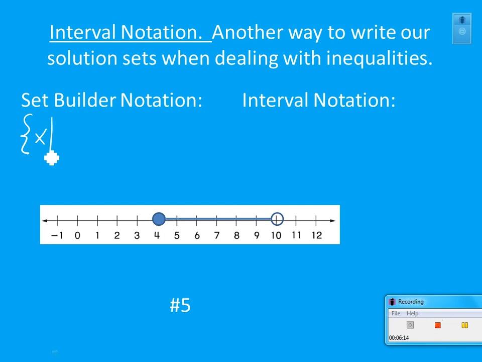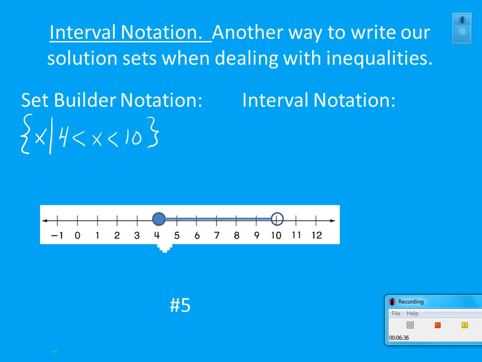Whenever x is between two numbers, it will always look like this. Your lowest number will be there. These will always be a less than sign. X less than 10.